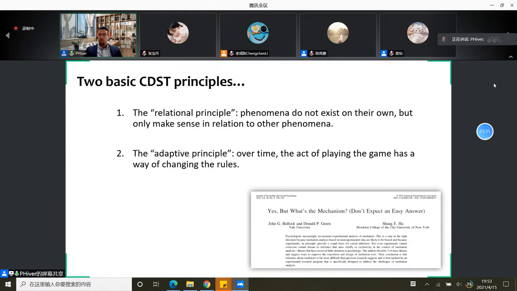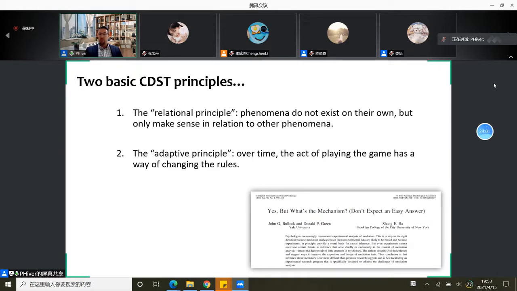What are these? Well, complexity theory tells us the reality of the human and social world. First, everything counts and everything is connected. That's the relational principle. And second, everything changes. And that's the adaptive principle. So what do these principles mean for broad research?